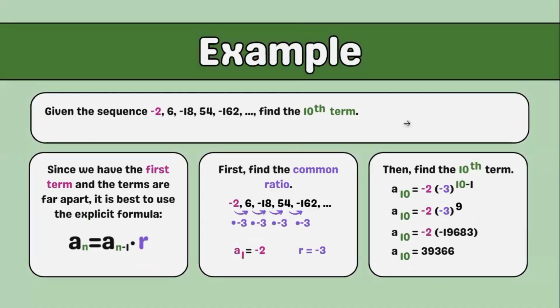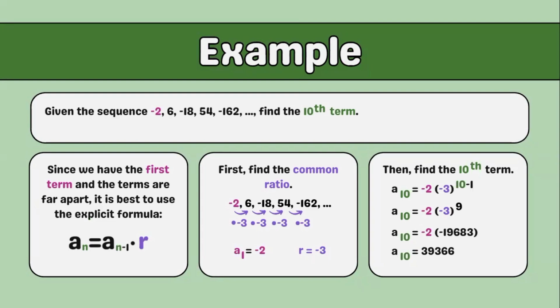Now, let's solve a geometric sequence problem using the explicit formula. The sequence is negative 2, 6, negative 18, 54, and so on.